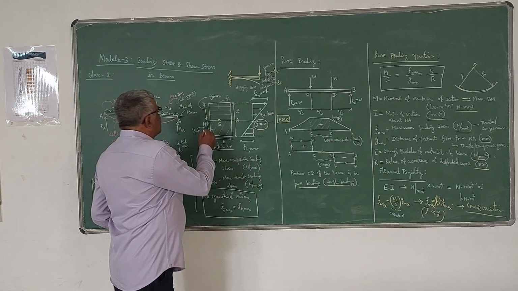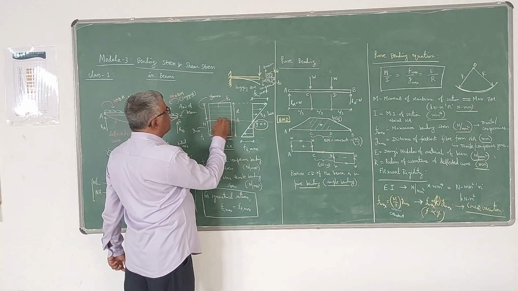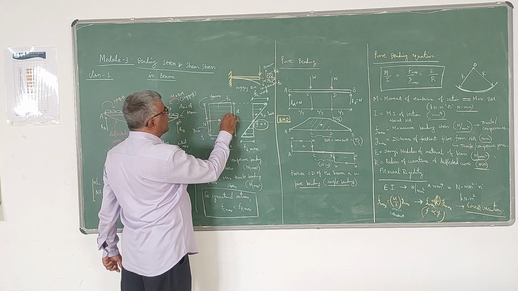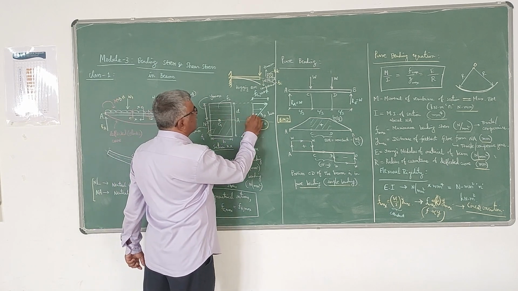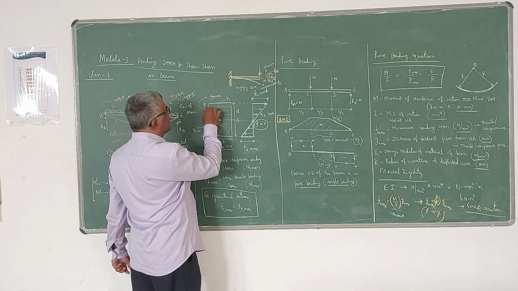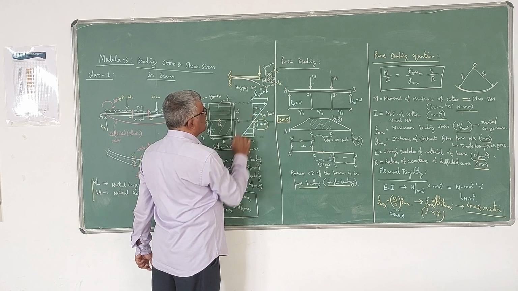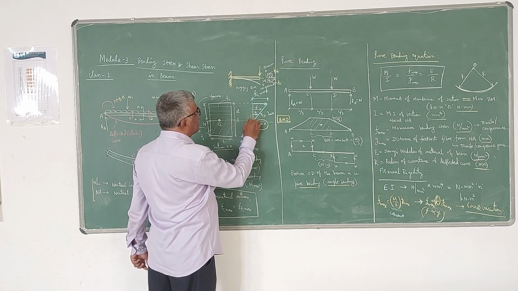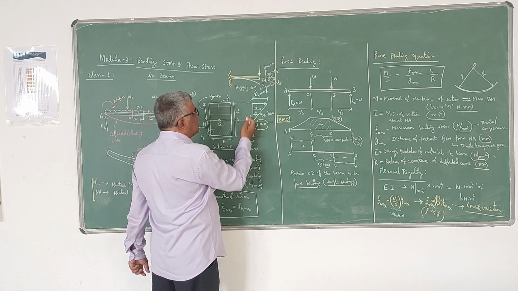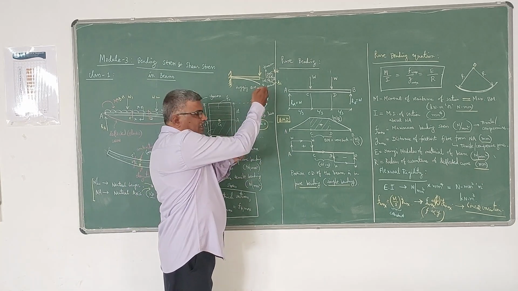As you take these layers, at the neutral axis it is 0, F is 0. If you take some layer here, at this level the value of F is this. Then if you take a layer here, from here to here this is your Y, and the value of F is this. So these are all F values, and these are all Y values. Y is measured from the neutral axis. As Y increases from the neutral axis, your F value also increases.